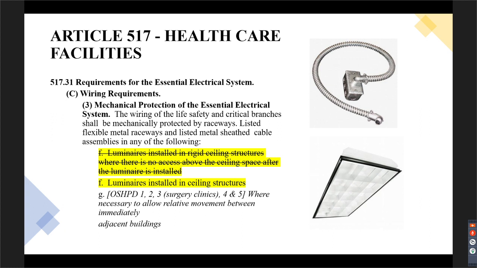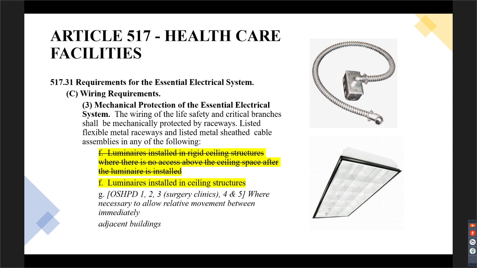So 517.31(C) talks about mechanical protection of the essential electrical system and states that the wiring of the life safety and critical branches shall be mechanically protected by raceways. Listed flexible metal raceways and listed metal sheath cable assemblies shall be acceptable in a number of instances.